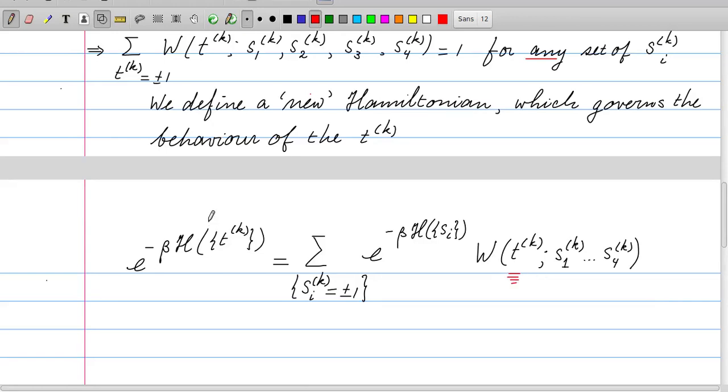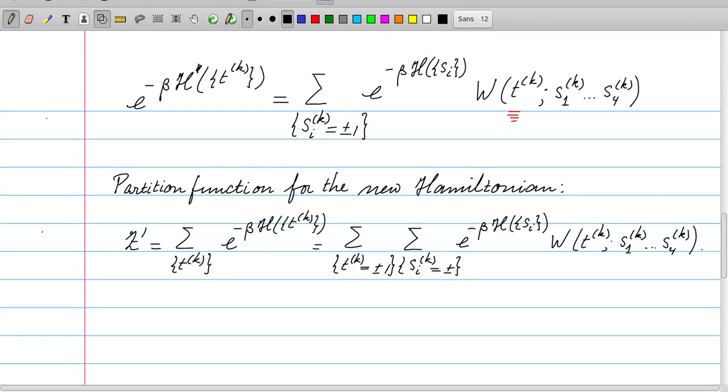So this new Hamiltonian, which I should give a big prime, is the new Hamiltonian that is defined in terms of the tk and not in terms of the s's. And having this new Hamiltonian in terms of the tk, I should not forget the prime here, it's not so difficult to calculate the new partition function.